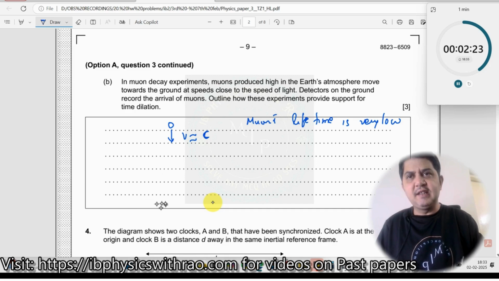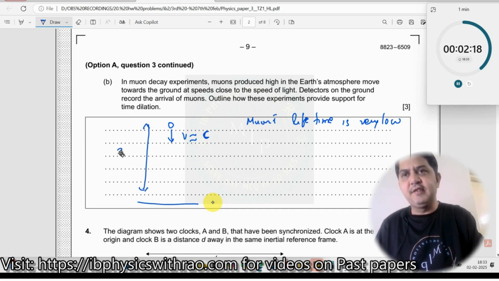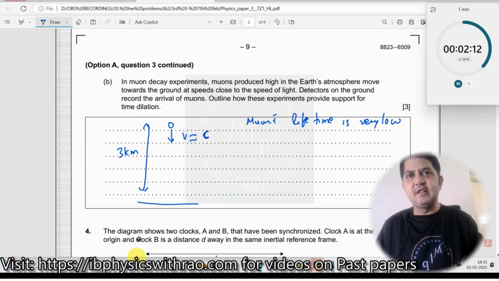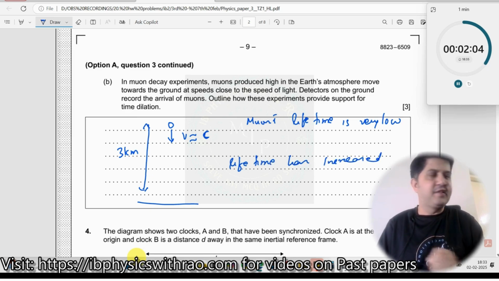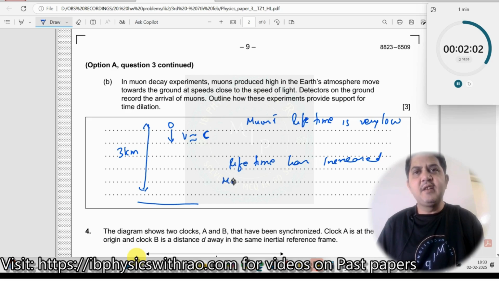But on the other hand, to a distance of around 3 kilometers, I observe that the muons are still existing. It reaches the earth, which means what? The lifetime has increased, and as a result, more muons reach the ground.